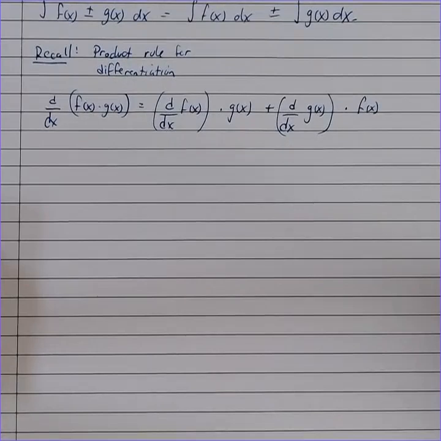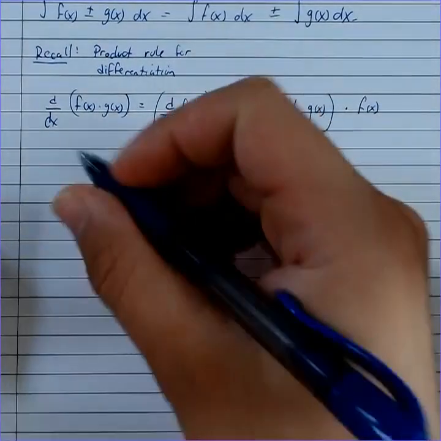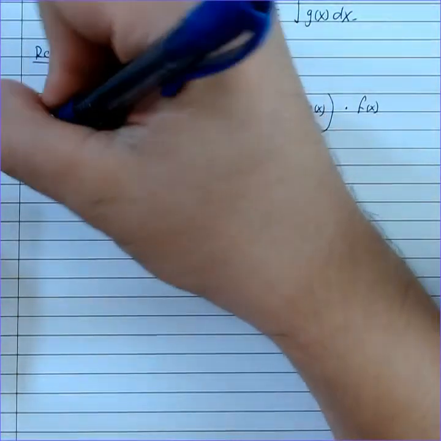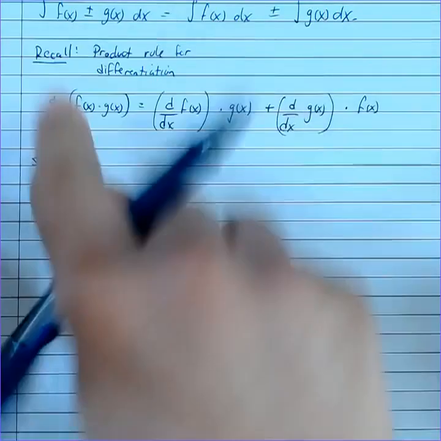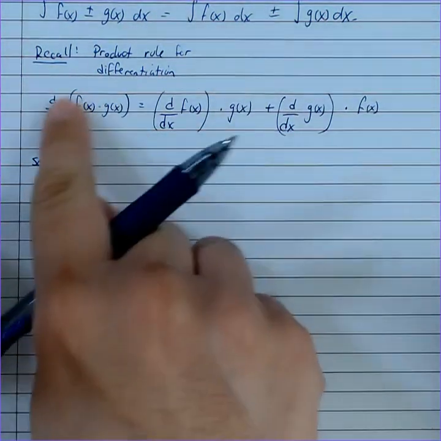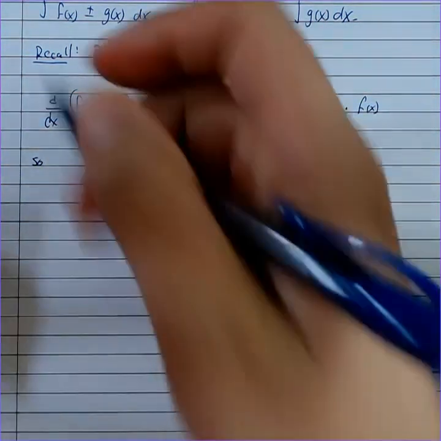So now let's say we want to integrate. Since these are all functions of x, I'm going to integrate with respect to x. If this is equal to this, then the integral of this must equal the integral of that.